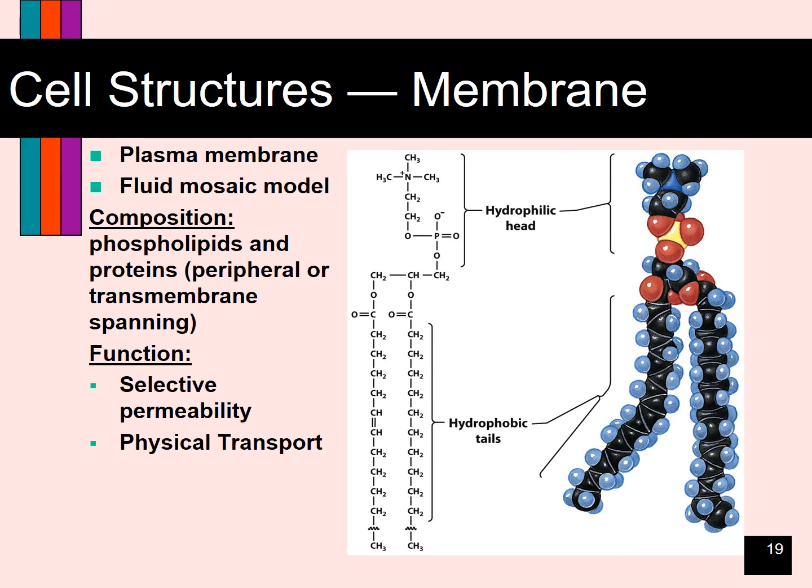And then you have the hydrophobic tails, which are water hating, so they're going to want to be hidden away from the water. They would be buried on the inside of that membrane bilayer.